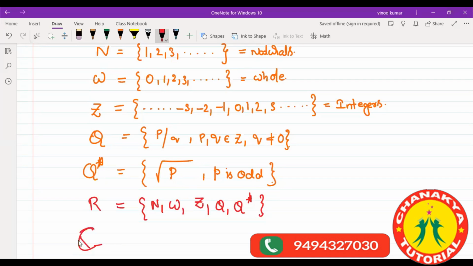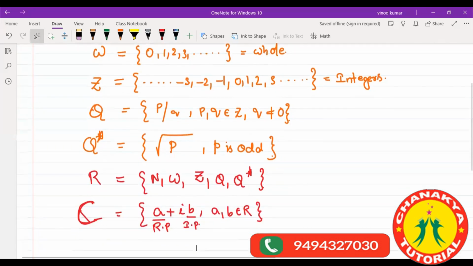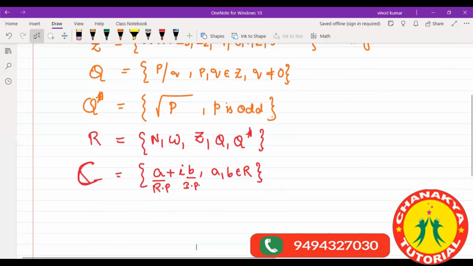Complex numbers have the form a plus ib, where a and b are real numbers, whatever they may be. A is the real part, and b is the imaginary part. A plus ib is called a complex number.